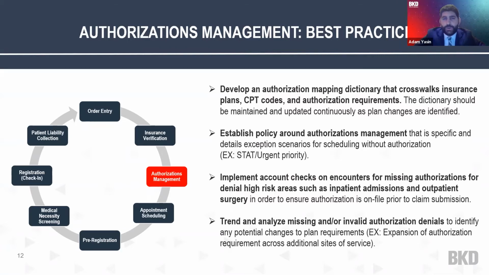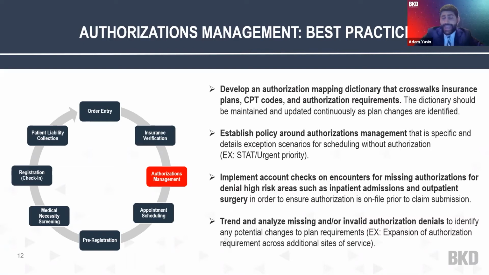So the policy should detail that if you have a stat and urgent encounter, you without delay get that appointment booked, but certain expectations on the ordering provider should be incorporated to have that team reach out to a payer and receive or obtain the authorization if applicable, despite the fact that it's stat and urgent. You want to try to complete that by the end of the day of the date of service. So that's going to be a short timeline usually in those urgent scenarios.